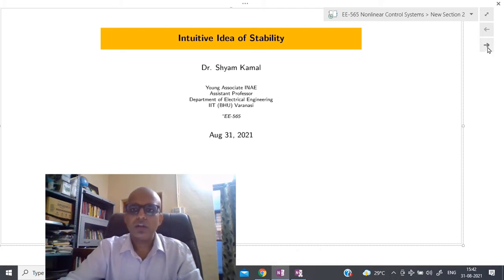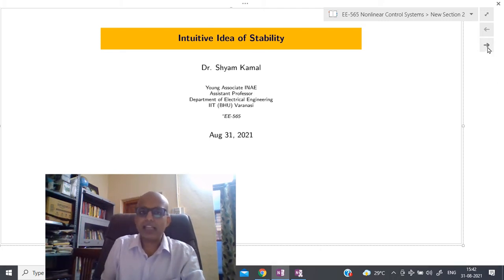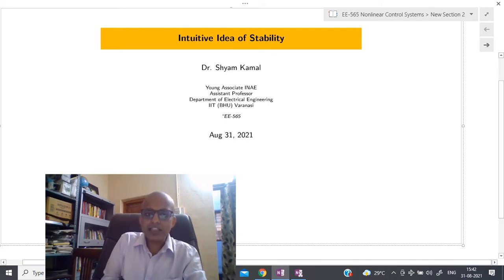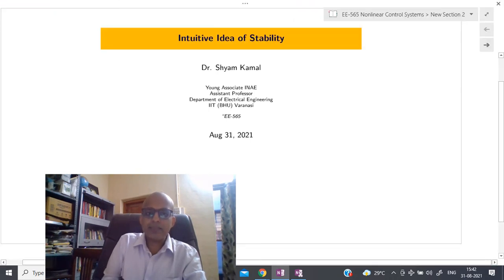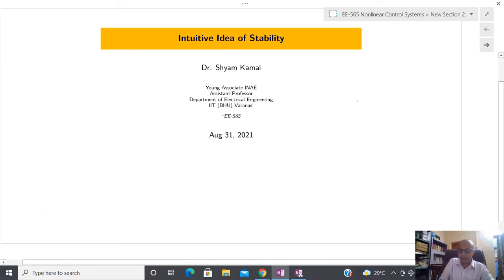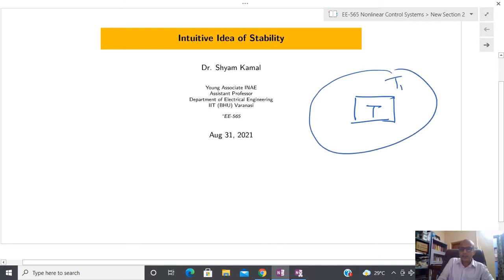If you see the previous class, what we found is that if I have some system, you can take any simple system, so I am going to take some first order system. If you remember the previous class, I had taken a very simple system. I have a certain object with temperature T, and the surrounding temperature is Tm.